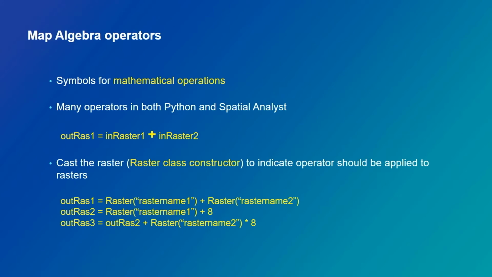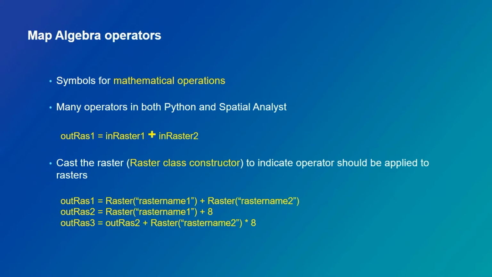What are the operators? Of course, everybody knows operators: plus sign, minus, multiplication, all those mathematical operators. We have tons of them, right? Bitwise and stuff like that. And you can write this kind of expression. If you did not use that import star way, you cannot do that, right?